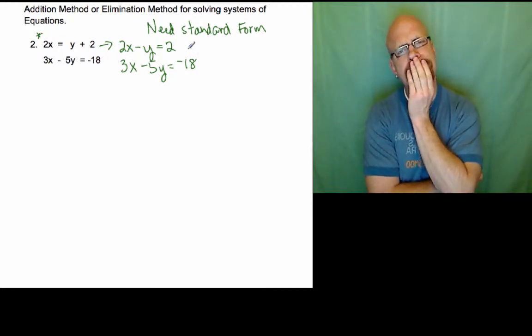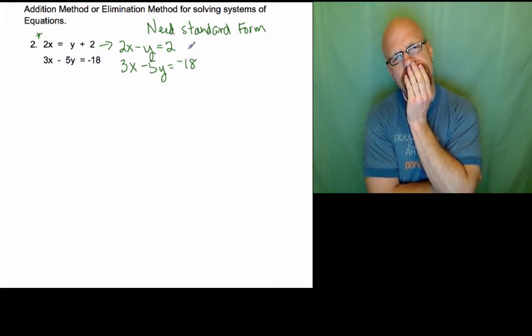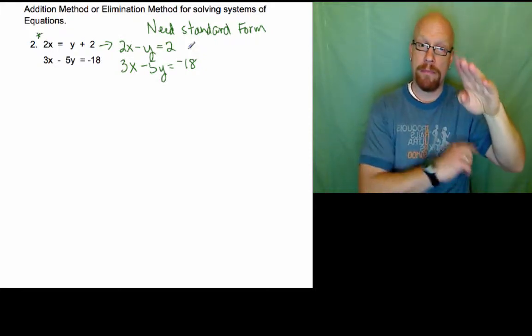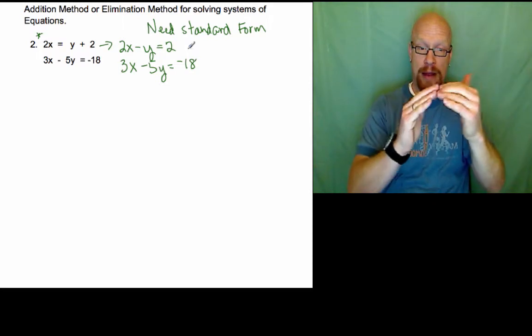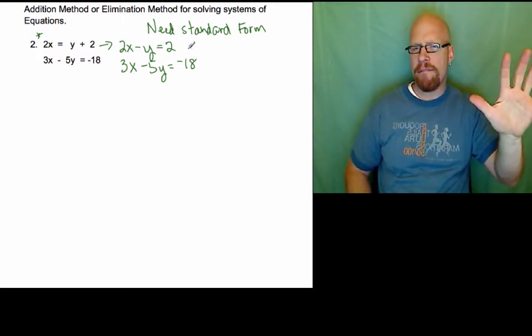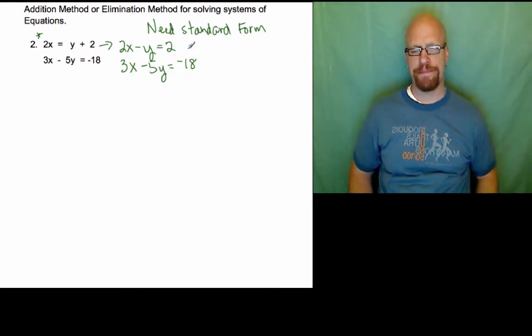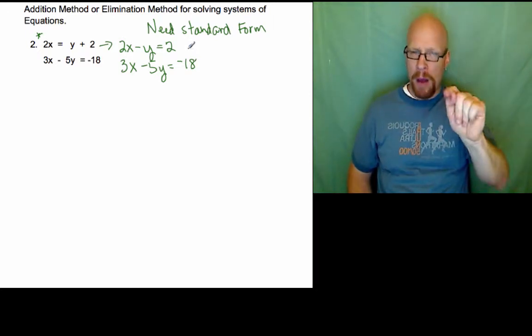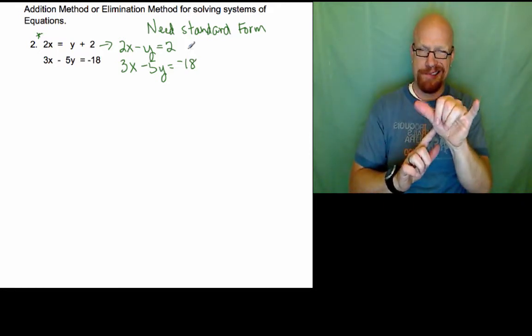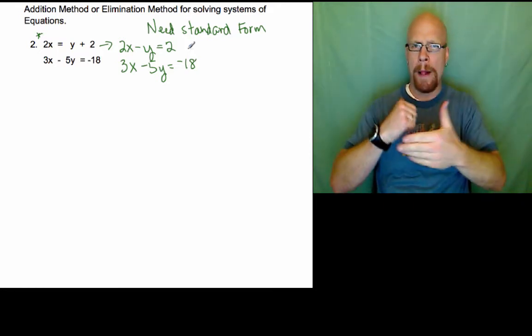I'll need to multiply the equations by something, but I'm not sure. I'm looking at the bottom equation, 3x minus 5y equals negative 18. I don't think so. But if I look at 2x minus y equals 2, I can multiply it by 5 and get minus 5y. But I still have the minus 5y.